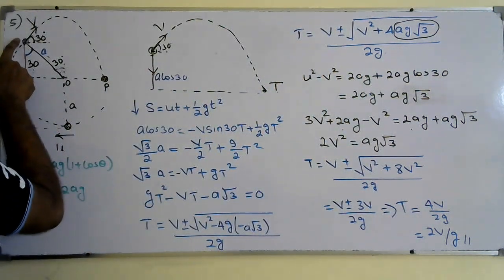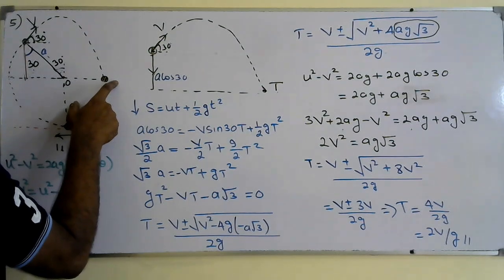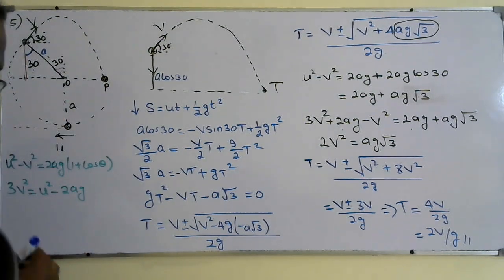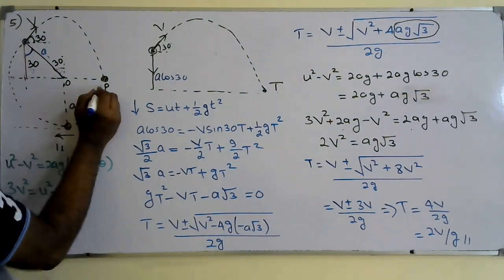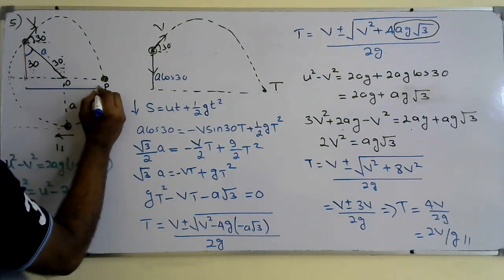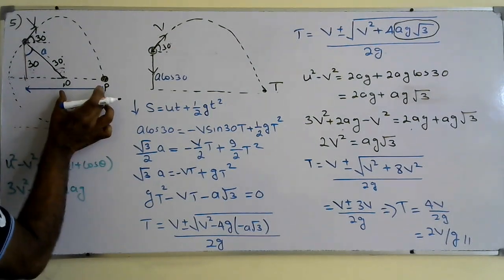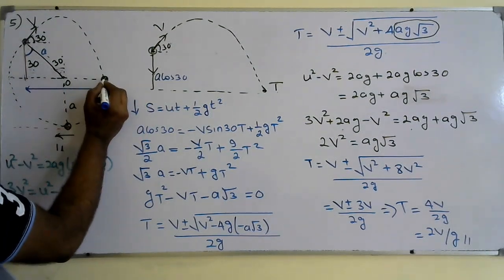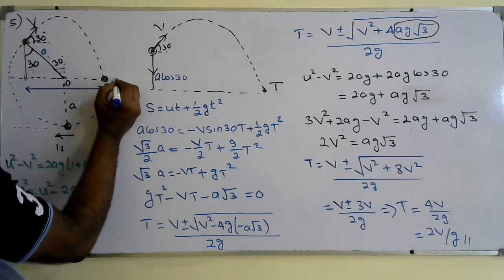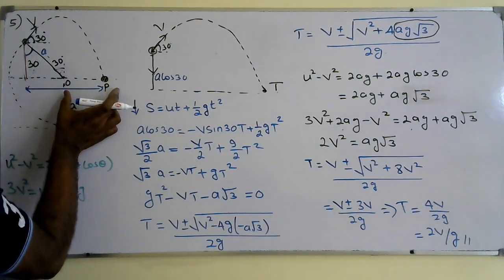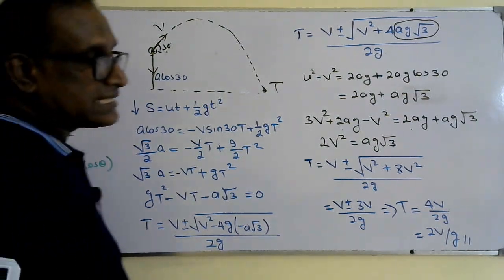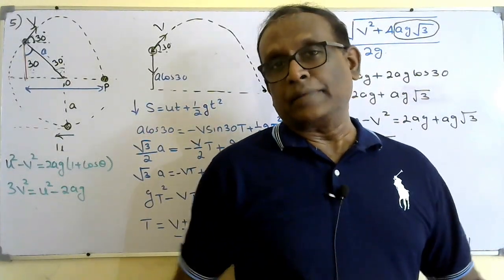So when it moves from here to here, what is its horizontal displacement totally? That means from this point to this point, how much will it be? If it is on the circumference of the circle, it should be A. This should be A sine 30. A sine 30 means A by 2.